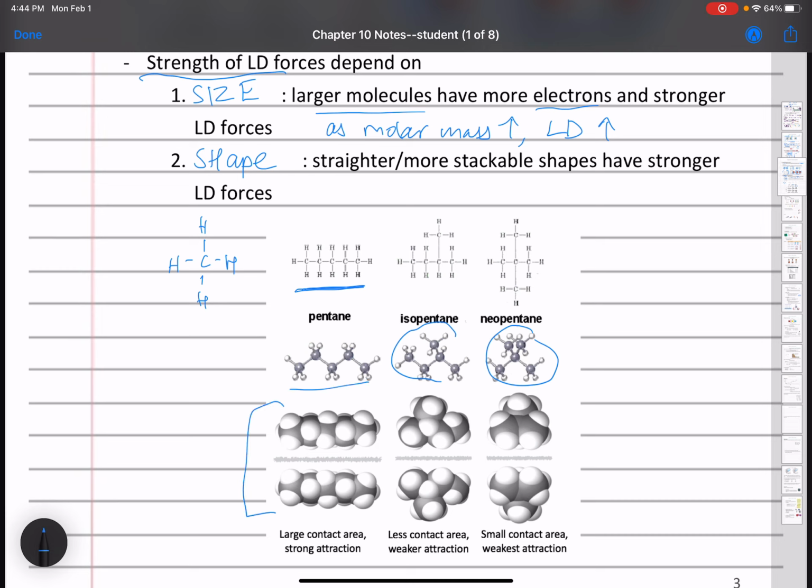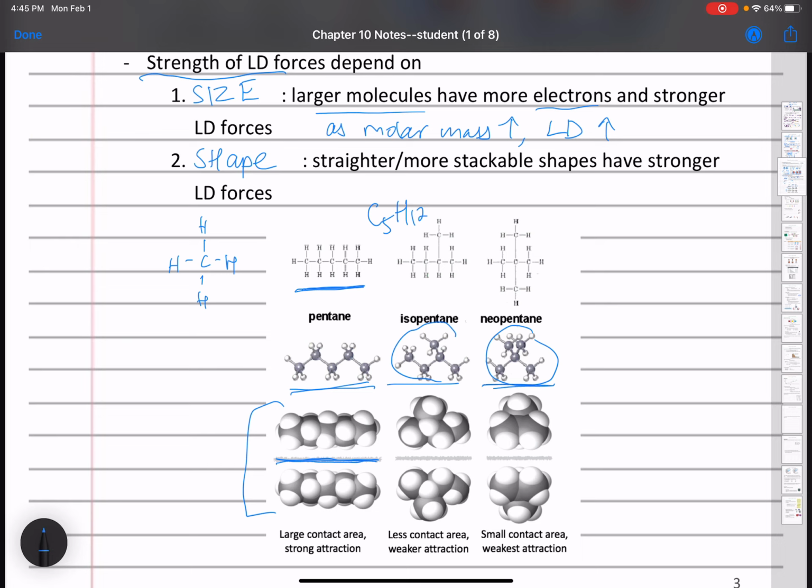Pentane, isopentane, and neopentane are all isomers. They have the same molecular formula of C5H12, so they all have the same molar mass. They're the same size, technically, but they're different shapes. As you can see here, pentane has the longest shape, and so two pentane molecules have quite a large amount of shared surface connection.